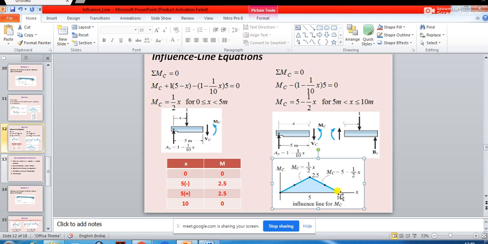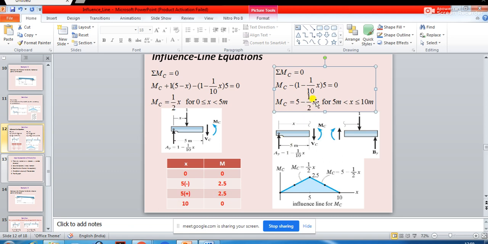Now when you reach x equal to 10, you cannot use the first equation, because if you use x equal to 10 in it, your MC value will be 5. Whenever you use the x equal to 10 limit, the equation MC equal to 5 minus half x is valid.